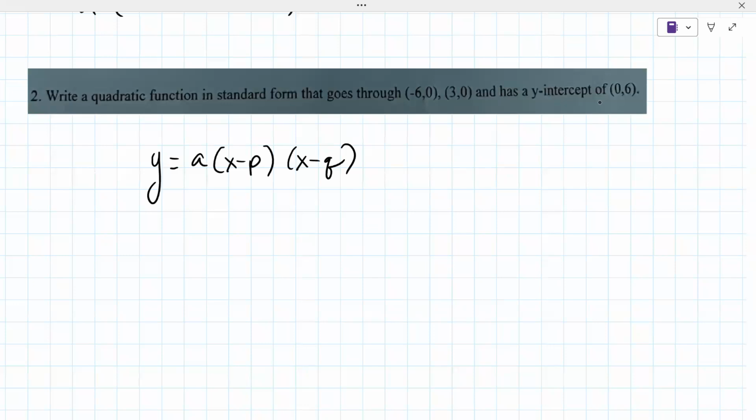So for P and Q, do you use the y-intercept?